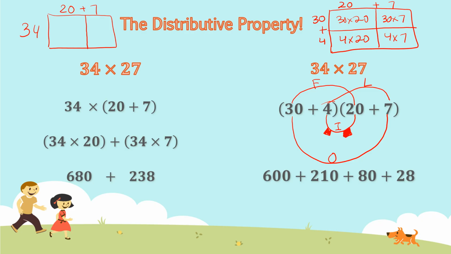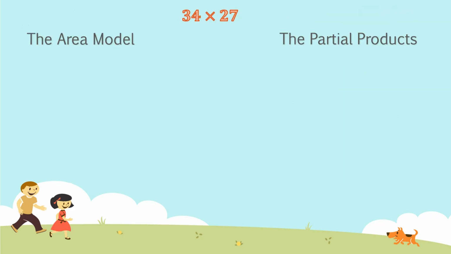So really, in an elementary classroom, you'll be looking at either the area model or the partial product model. Okay, so either one would actually show you how the distributive property works for multiplication. That would be multiplying over addition.